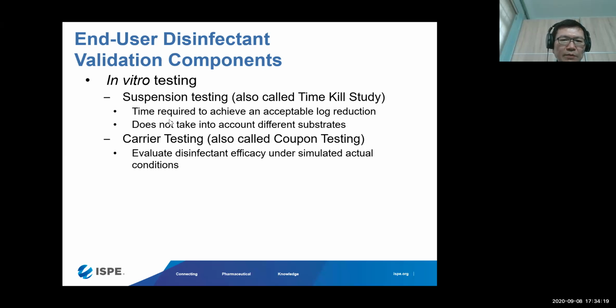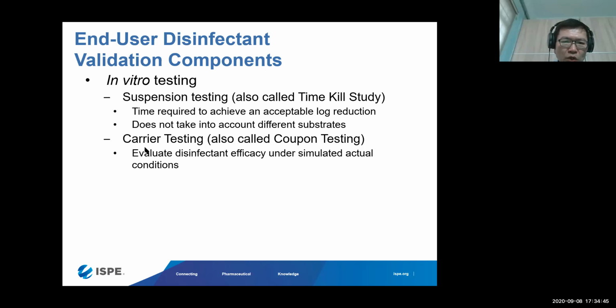So this is the suspension testing. This is not compulsory, but it's a useful tool to get you more information. Of course, I know there are some companies that have internal procedures requiring you to perform suspension testing. But from the regulatory point of view, there's no requirement.